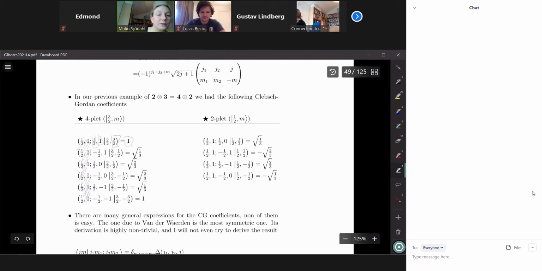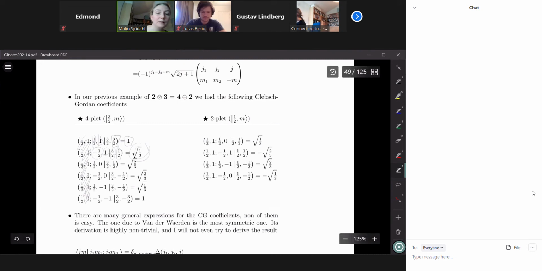coefficient must be 1. And if you browse back into the previous pages here, you can identify the total spin up 1/2 in the spin 3/2 representation and see what coefficient we had from the first spin being -1/2 and the second spin being 1, and we get something.